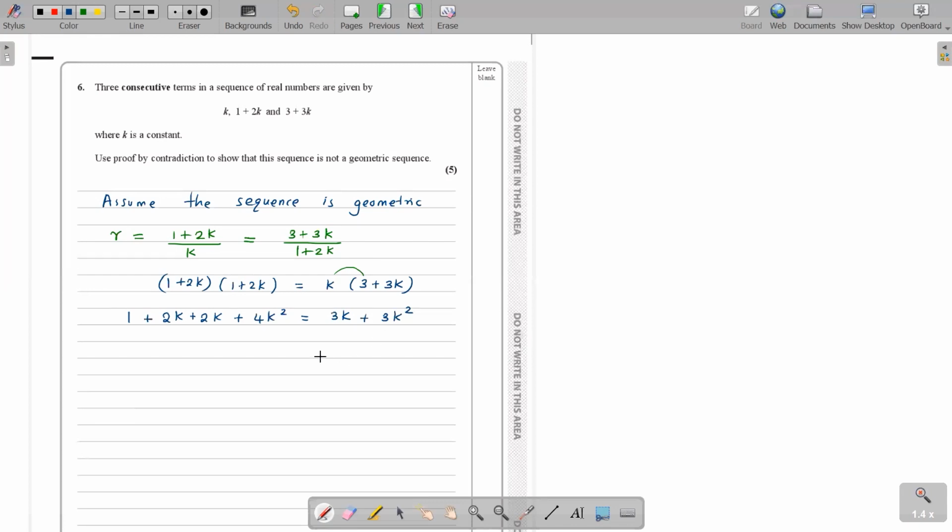Is that okay? So take everything to one side. Here I get 4k square, and 3k square to this side is negative 3k square. 4k square minus 3k square is k square. Here 4k minus 3k, I get plus k. And I get plus 1 equals 0.